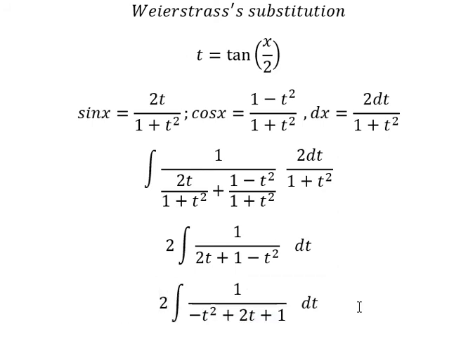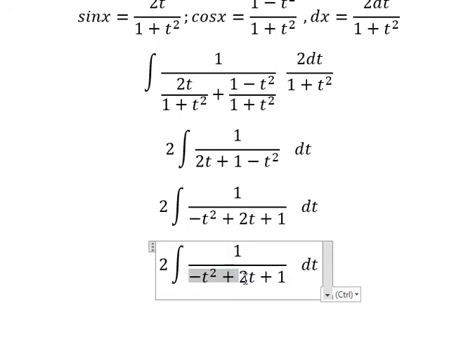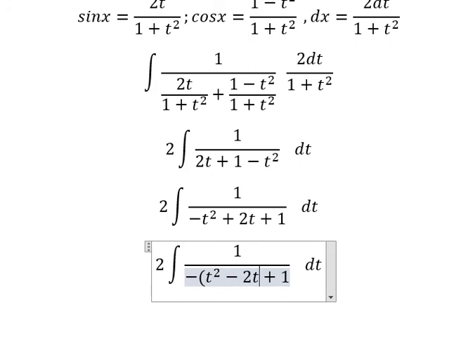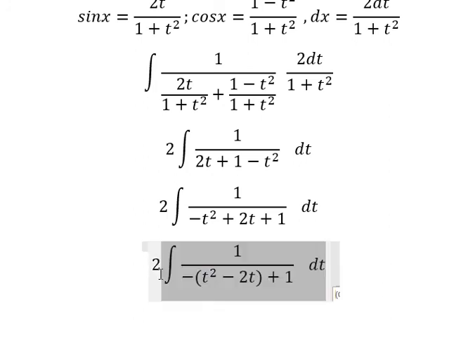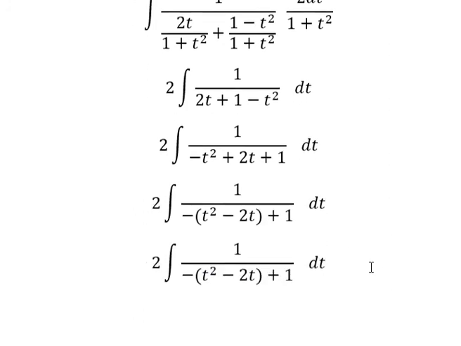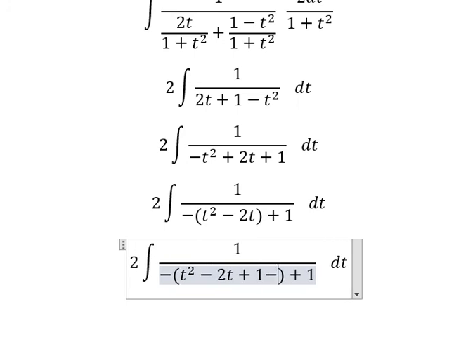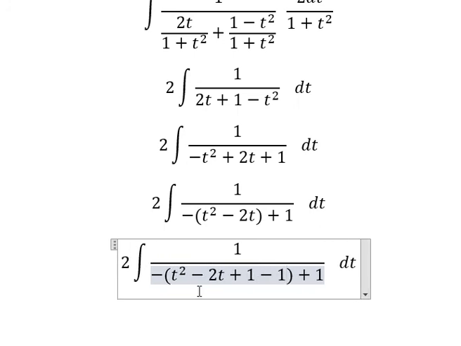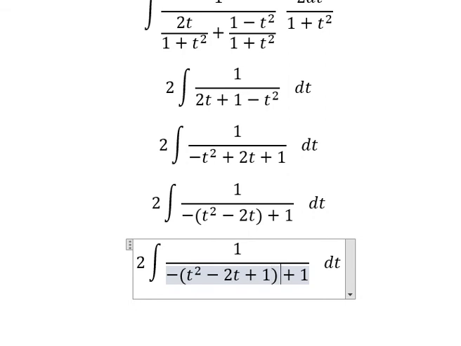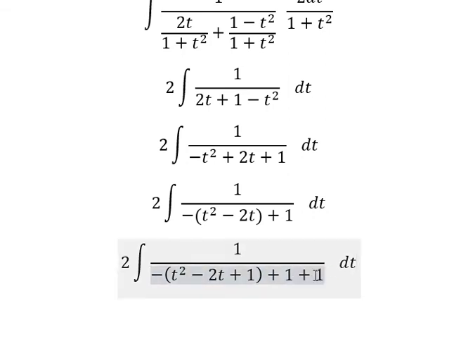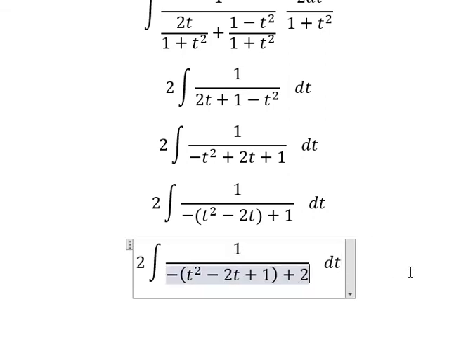Now, for this one, we can put like this. Now, I need to add number 1 in here. That means we need to minus number 1. Negative, negative. We have positive number 1 in here. And 1 plus 1, that is about number 2.